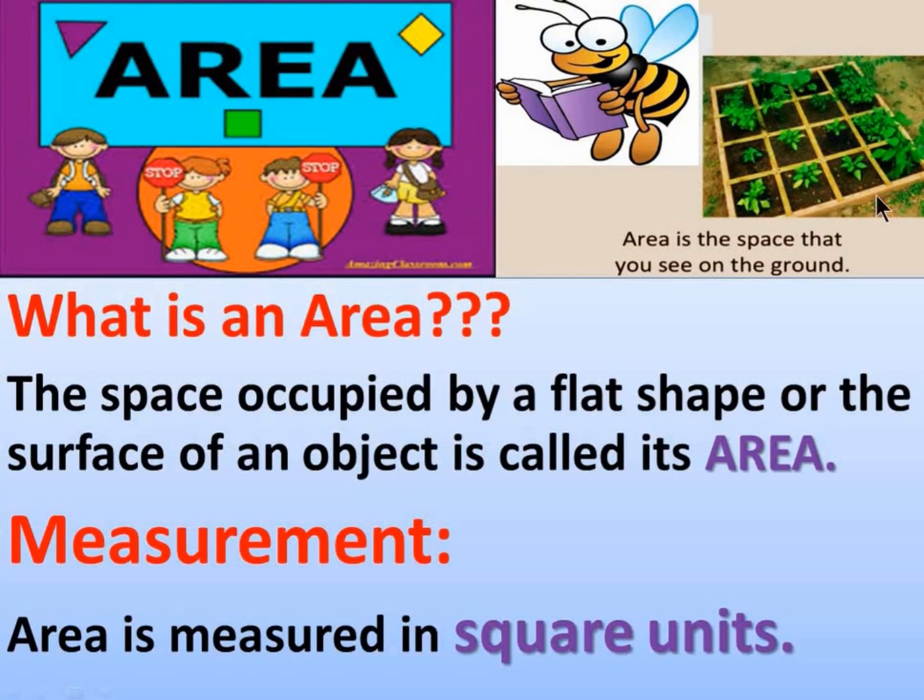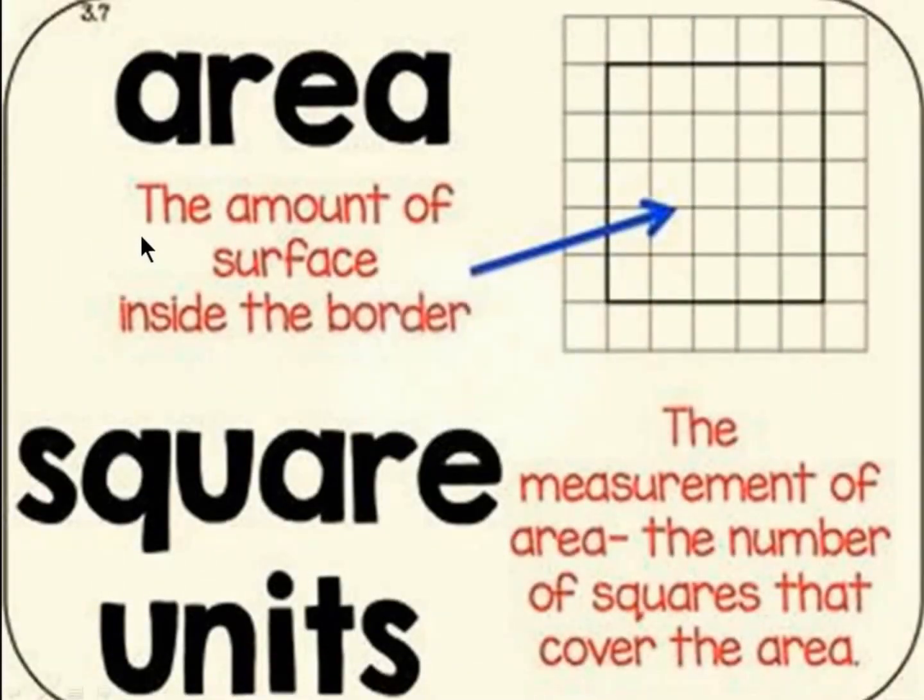How much space is inside this flat shape, we can call that its area. And how do we measure area? Exactly, we measure area in square units. Area is the amount of surface inside the border.